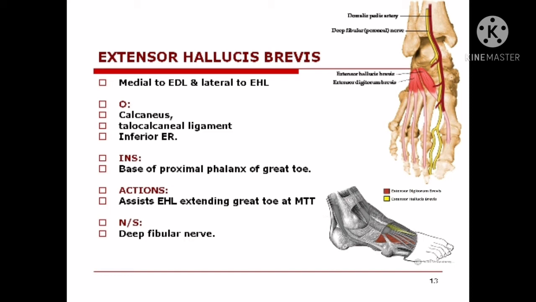It inserts at the base of the proximal phalanx of the great toe in the dorsal digital expansion. Its action is to assist the extensor hallucis longus in extending the great toe at the metatarsophalangeal joint, and its nerve supply is from the deep fibular nerve.